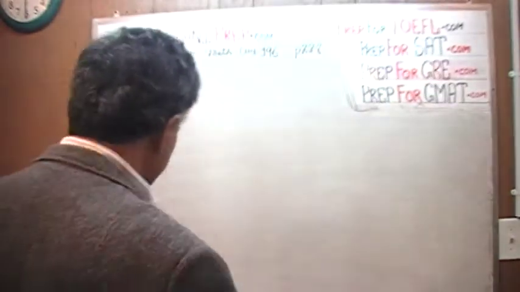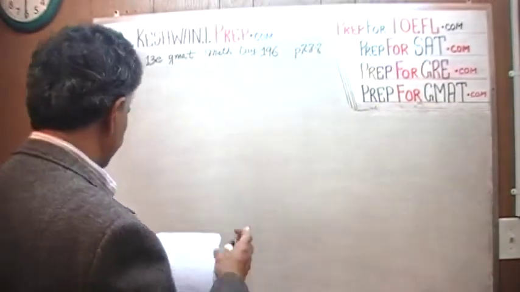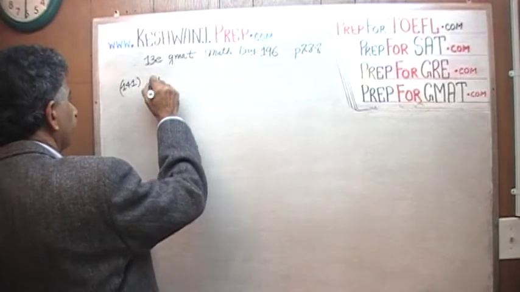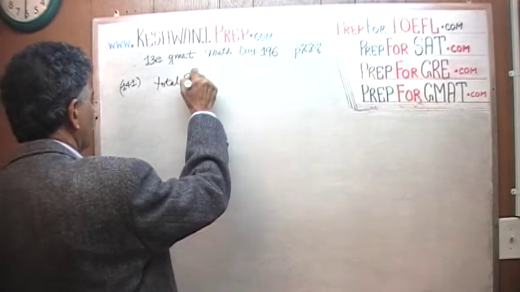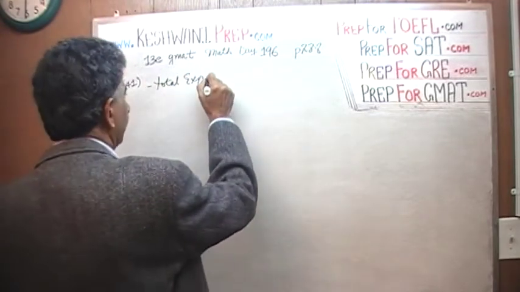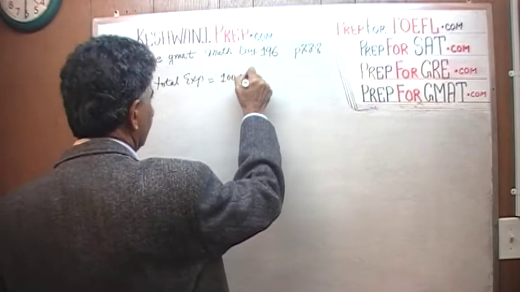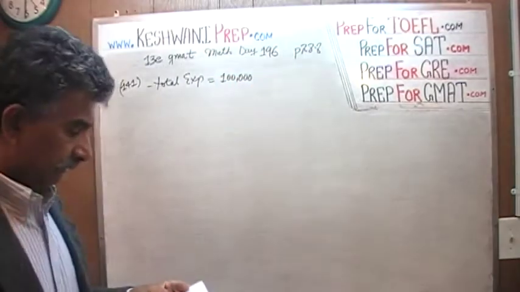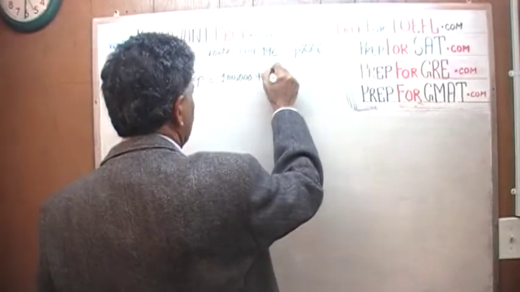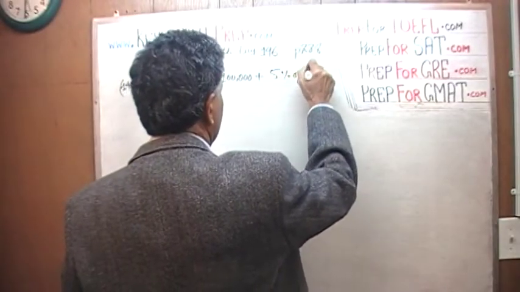In problem number 141, they tell us that the total expenses equal $100,000, which is their fixed cost, plus the marginal cost, which is 5% of the revenue.